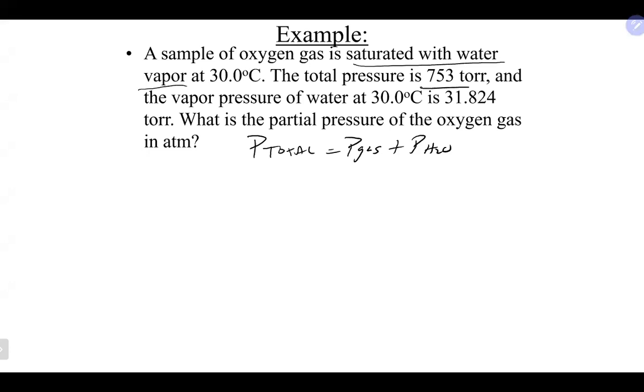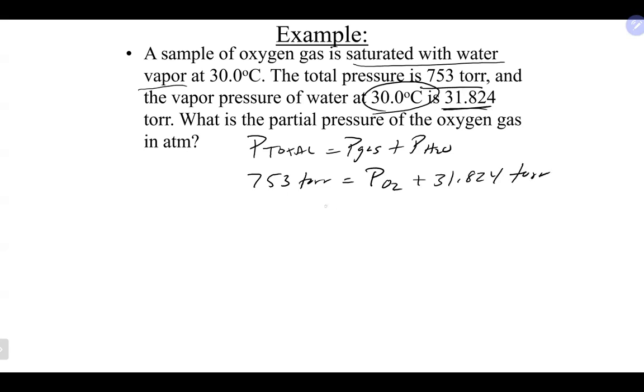In this case, they do give us the total pressure, which was 753 torr, is equal to the pressure of oxygen gas plus the vapor pressure of water. And they were nice enough to give us the table value here for the vapor pressure of water. If it wasn't given to you, you would have to go look it up, obviously, on the table.